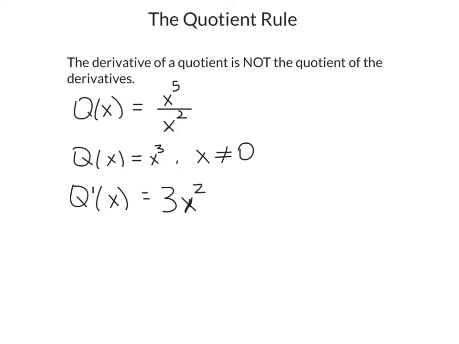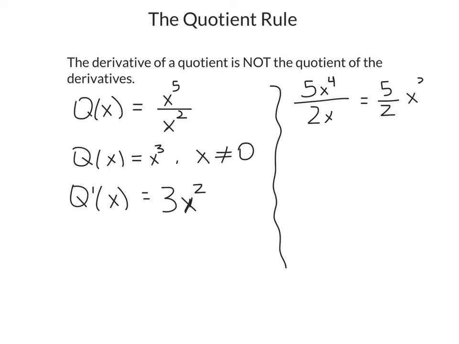Now, let's off to the side here see what happens when we take the derivative of the numerator and the derivative of the denominator. If we take the derivative of the numerator using the power rule, we have 5x to the fourth. Now if I take the derivative of the denominator, I get 2x. And then this simplifies to 5 halves x cubed.